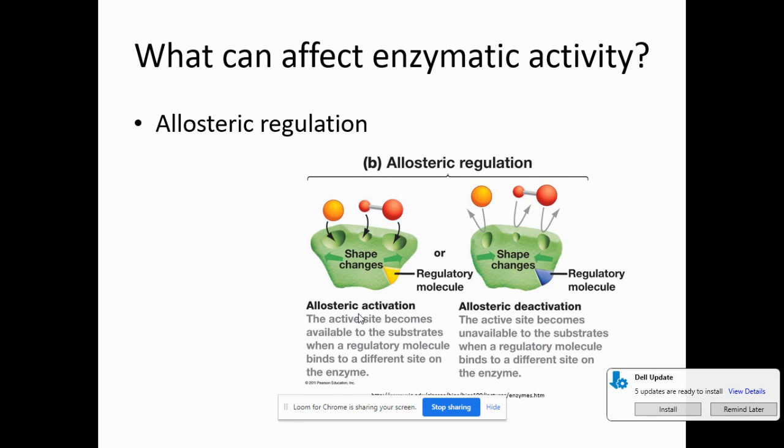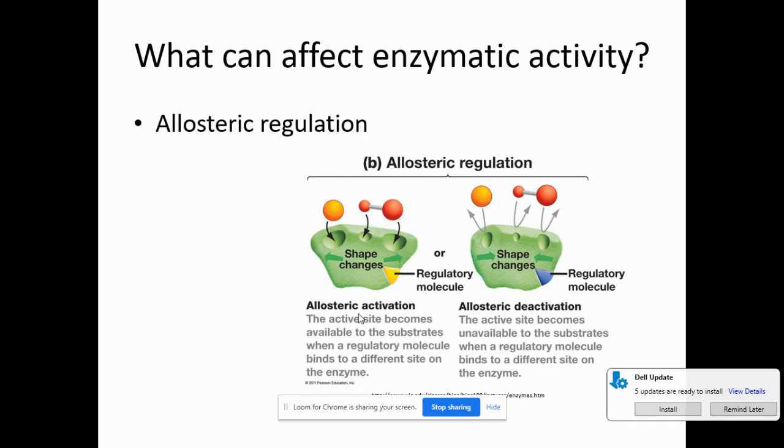All right, so the idea of cofactors and coenzymes, that gets to allosteric activation. All right, but then you can also have allosteric deactivation.